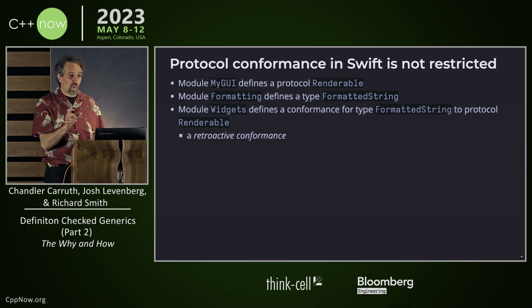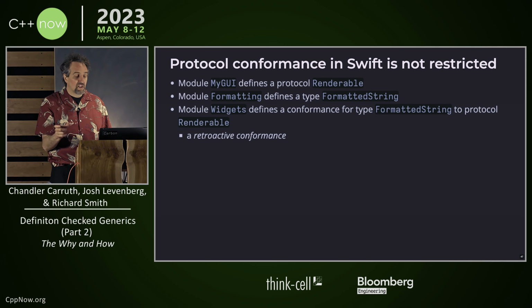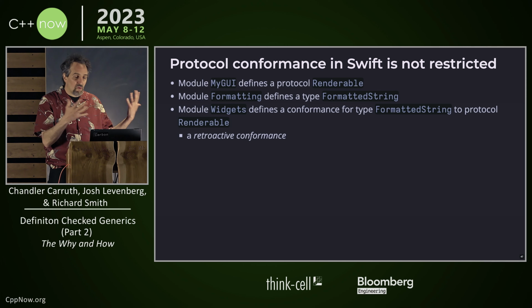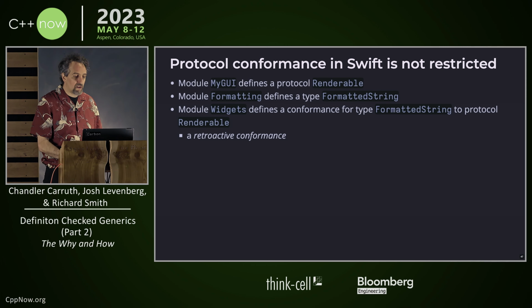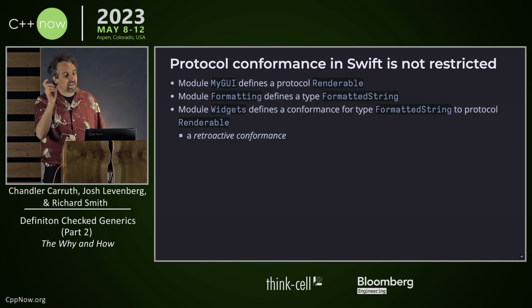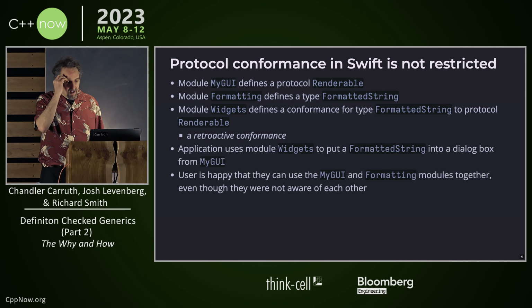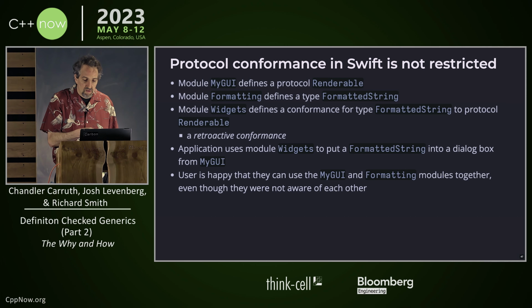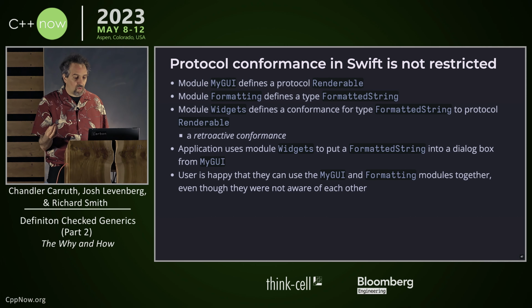This is called a retroactive conformance, since the conformance is provided by a separate module than the ones providing the protocol and the type. And now an application can use this widgets module to get that conformance.